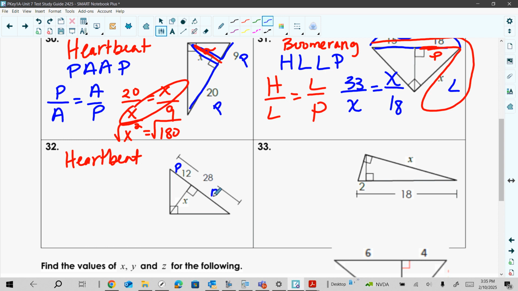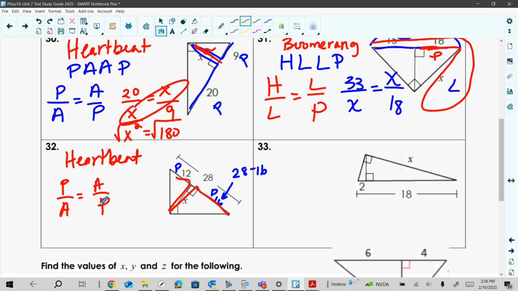This part is missing, and I can get that missing part by just doing the whole segment, the hypotenuse, which is 28, minus the 12. So our missing part here is 16. And then we can just set up our heartbeat. Part over altitude, altitude over part.